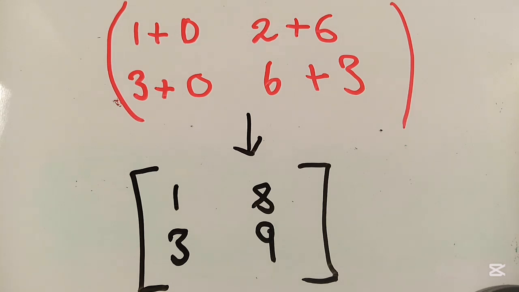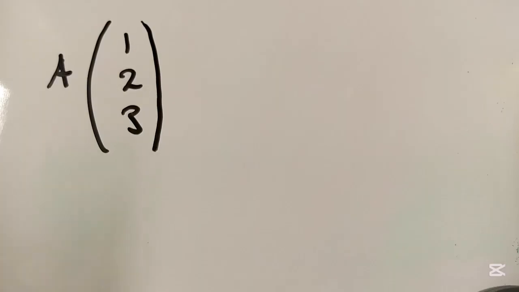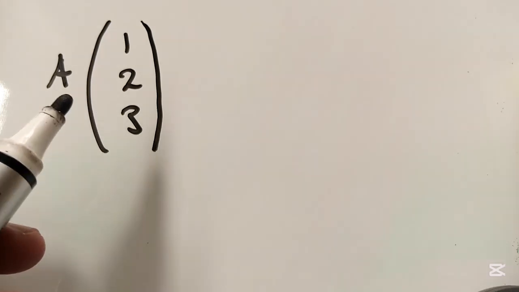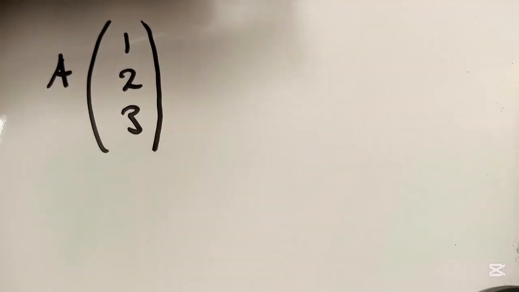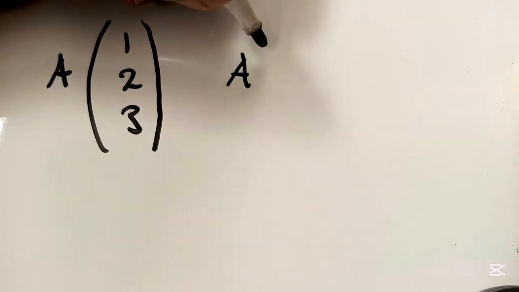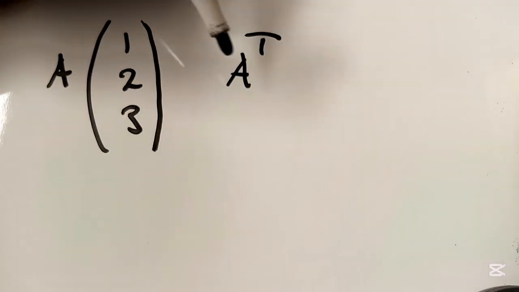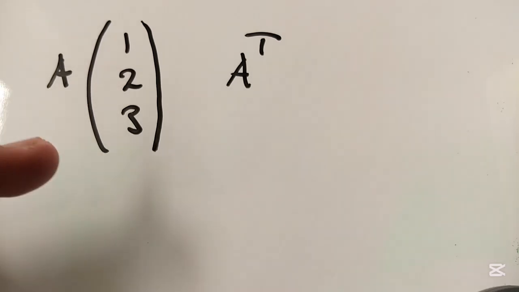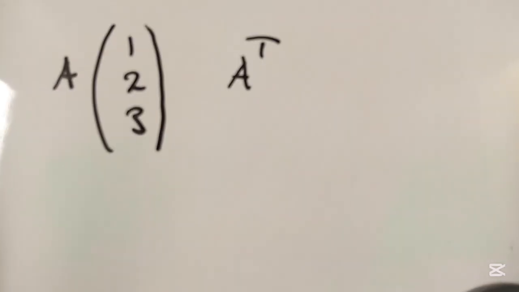So in this one, we just said row by column. Now we'll look at the transpose of a matrix. So we have this matrix A. Now they say find the transpose of A. When they ask you to find the transpose of A, they put a T on top of A, which means the transpose of A. When we're finding the transpose of matrix A, we just make the rows into columns and the columns into rows.